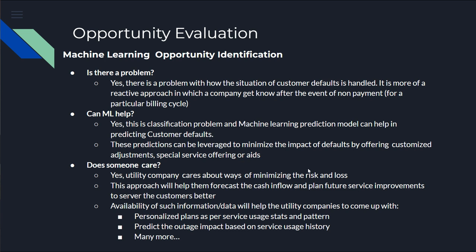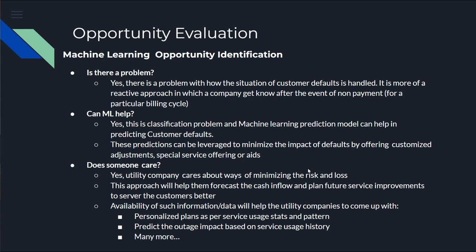It is more of a reactive approach as of today, in which companies get to know after the event of a non-payment has happened for a particular bill cycle. So, can ML help to solve this problem? Yes. This is a classification problem, in which we are trying to find out whether the customer will default or not.